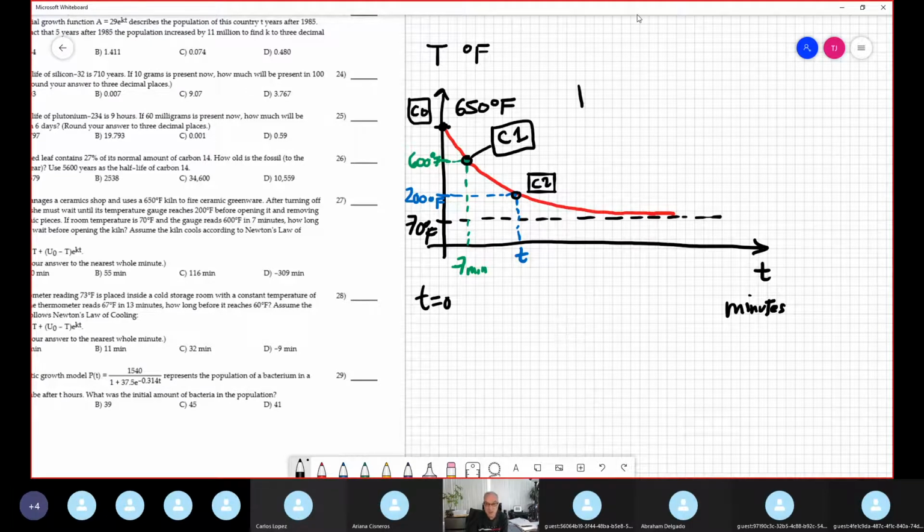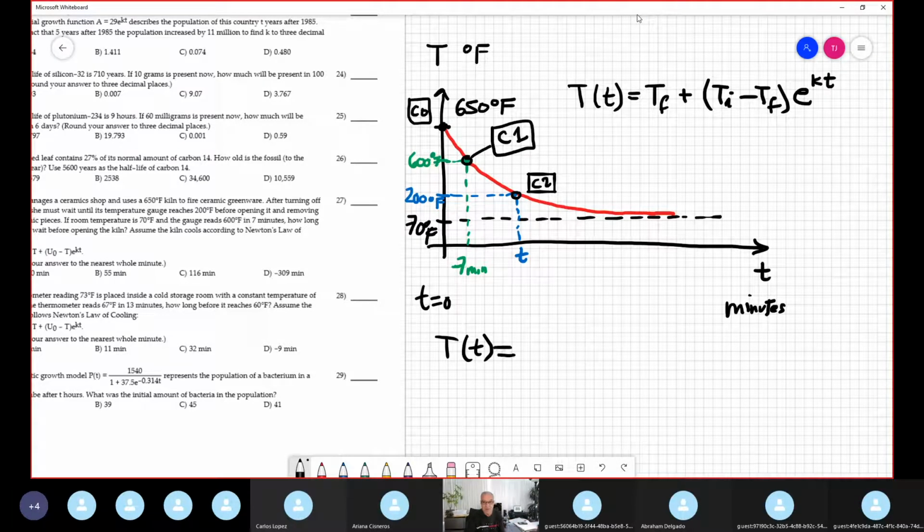So the formula is temperature at any time is equal to final temperature plus initial minus final times e to the kt. Yeah, I know very well k is negative. Well, I want to find it in a moment. So far, I have the formula, the specific formula for our problem: temperature final is 70 and temperature initial 650 minus 70, times exponential kt.